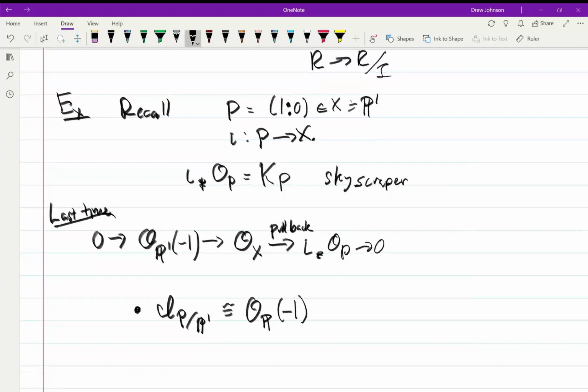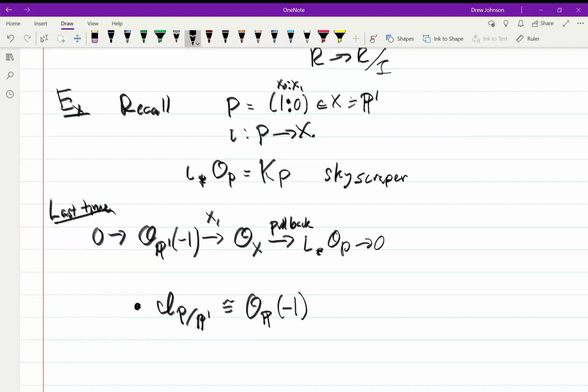And the other thing I want to notice is let's remember what this map was last time. I think this map was x1, where the coordinates here are x0 and x1. Basically it's saying the functions that vanish at this point are exactly the functions that are multiples of x1. That's basically how to think of that sequence.